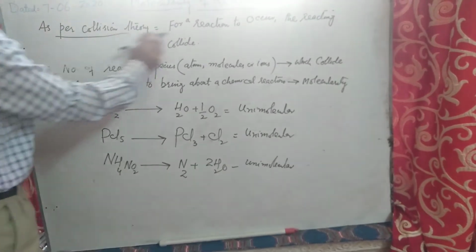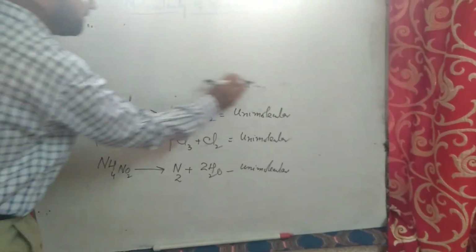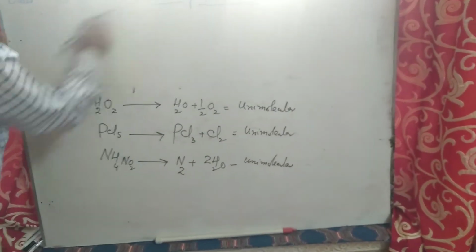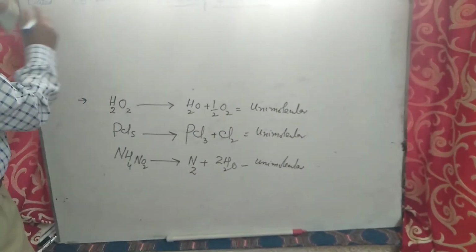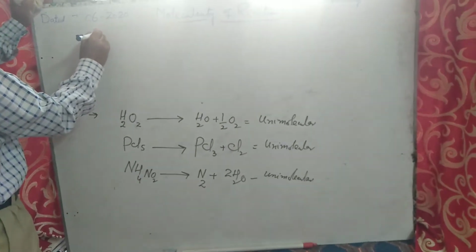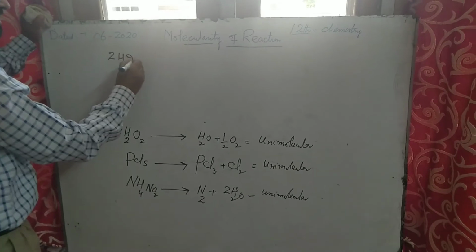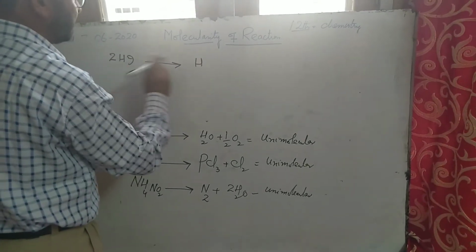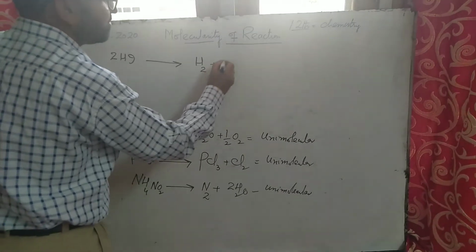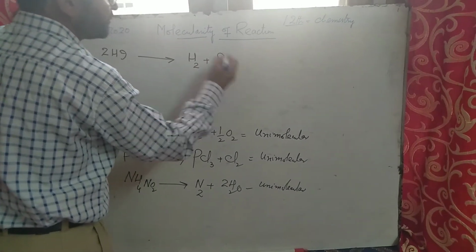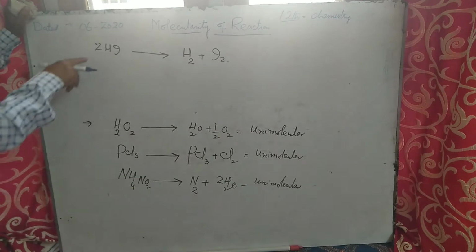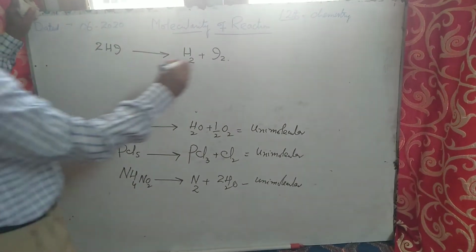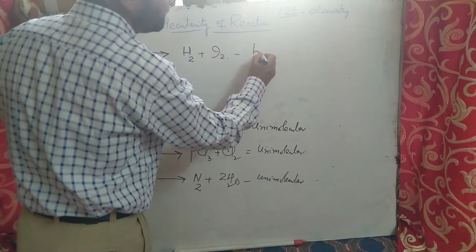Now I will show another reaction. For example, this is the decomposition of hydrogen iodide. It gives H2 plus I2. So here there are two molecules, so accordingly it is bimolecular.